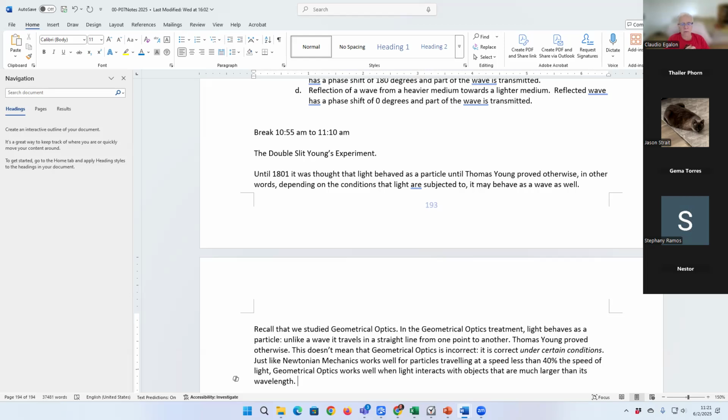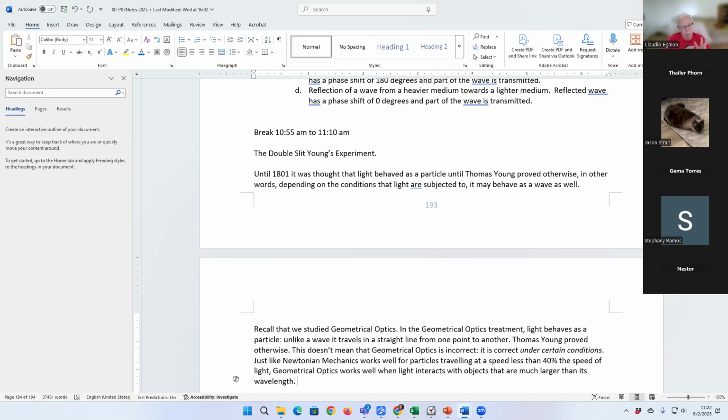Geometrical optics works very well. It's a very simple treatment. Mathematically, it's very simple, okay? And that's the advantage of geometrical optics over wave optics. There's no need to complicate mathematically your situation.